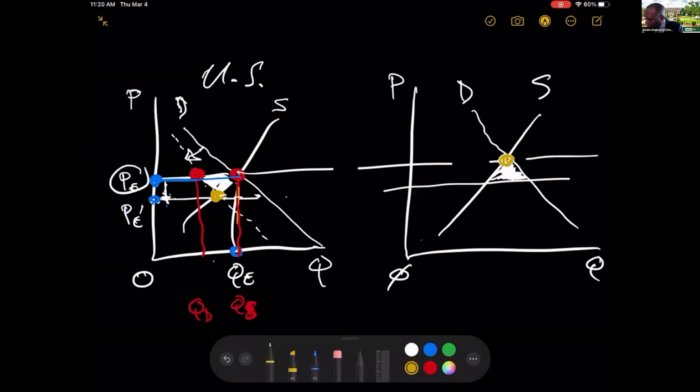So in this country, you have an equilibrium here. But what does this situation represent in the middle? This shaded area, what does that represent in this country? And let's call this Brazil.